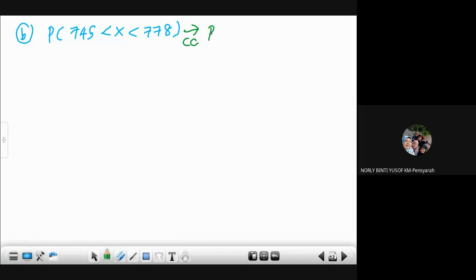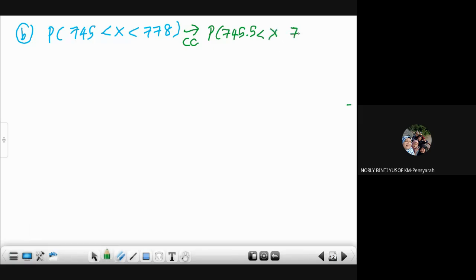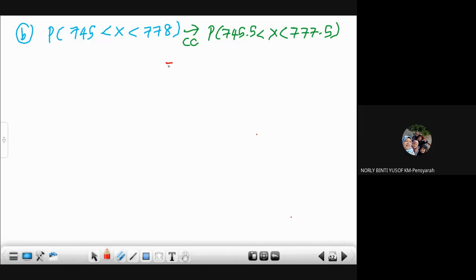So sama, dia akan dapat 745.5 dengan 777.5. Ni lesser, tolak, greater, tambah 0.5. So barulah you standardize score Z you.